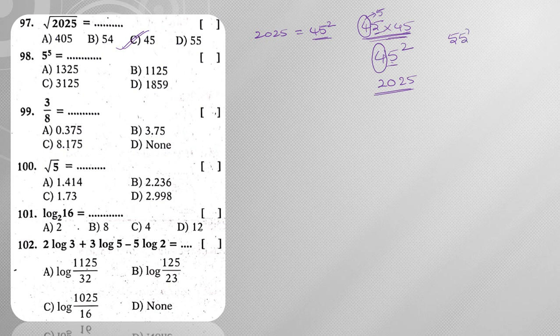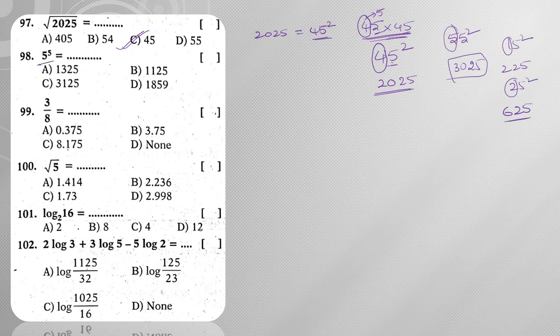If you want 55 square, 5 times 6 is 30, then 25. Likewise for 15 square also we can find it out. 1 times 2 is 2, then 25. Likewise 25 square also we can find. 2 times 3 is 6, then 25. So likewise we can find out the values.